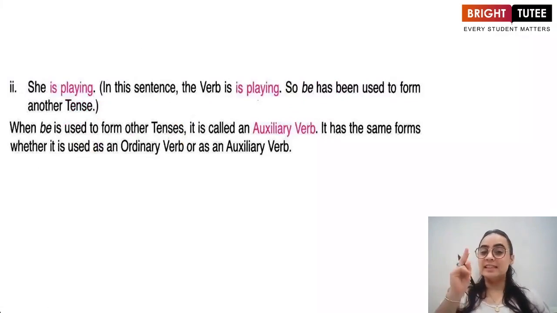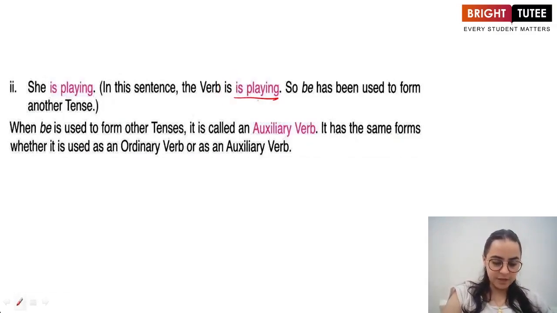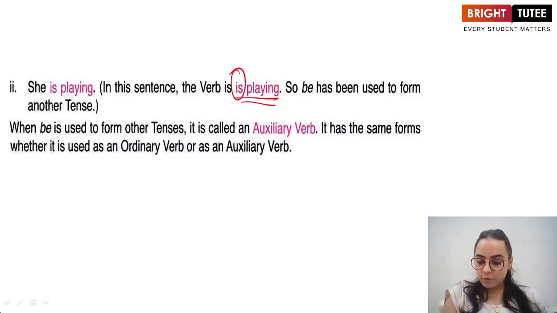However, if we look at the second sentence which says she is playing, in this sentence the verb playing is used. So in this sentence we used is in order to form a sentence in the present continuous tense.